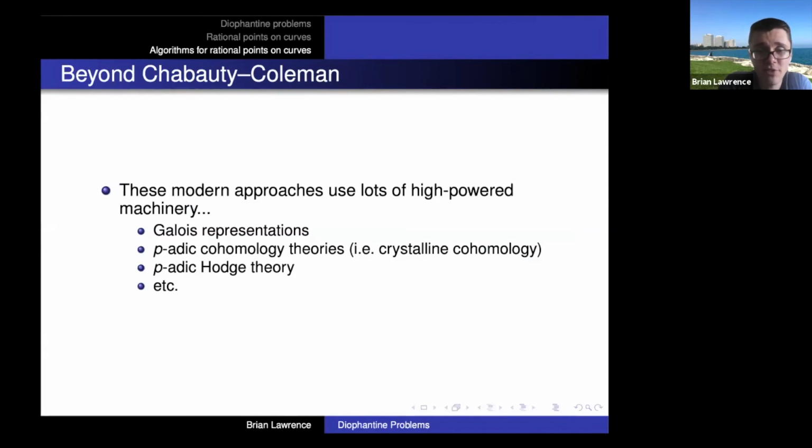We work with Galois representations. There's p-adic techniques that come in. There's p-adic cohomology theories. If you've heard of crystalline cohomology, that's what I'm talking about. There's some p-adic cohomology that lets you see an action of Frobenius on cohomology. There's p-adic Hodge theory that links the Galois representations to the p-adic cohomology theories and so forth. There's a lot of high-powered stuff.